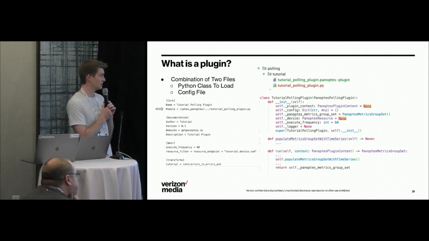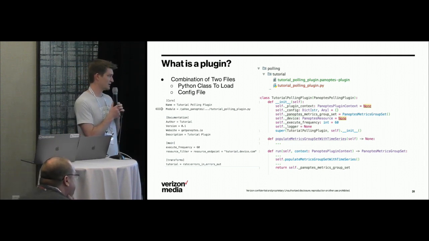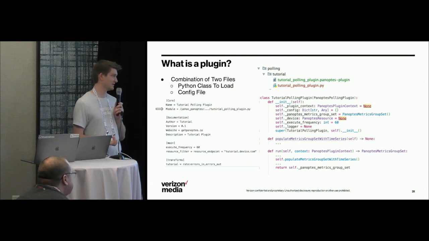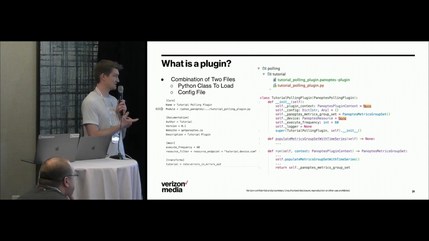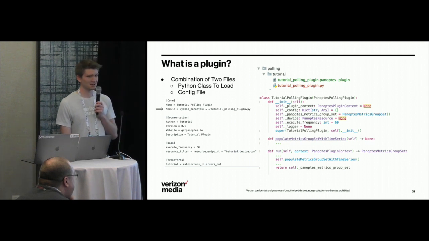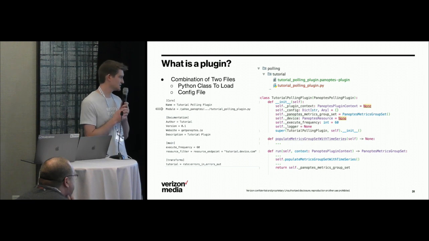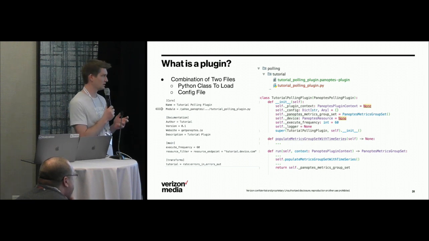This one is saying resource endpoint is tutorial device. So it looks for a unique device ID and just returns that device, and the plugin will run against a specific device. But you can say resource vendor is equal to Juniper, and that'll return all the Junipers, and then you can drill down on the operating system name. This is just a DSL that allows you to specify what devices you want the plugin you've written to run against.